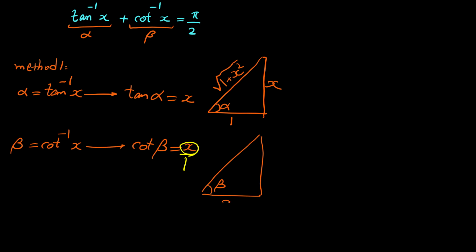So in this triangle, the adjacent side is x and the opposite is 1, and the cotangent of beta is x over 1. Similar to the triangle that we had here, the length of the hypotenuse by the Pythagorean theorem is radical 1 plus x to the 2.